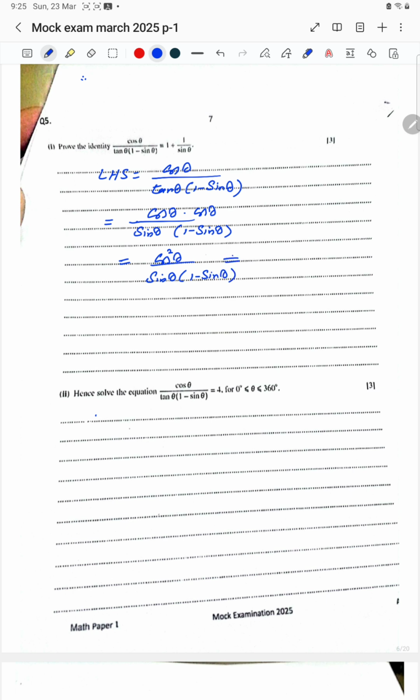So cos square theta can be resolved into 1 minus sin square theta, and this is over sin theta times 1 minus sin theta.